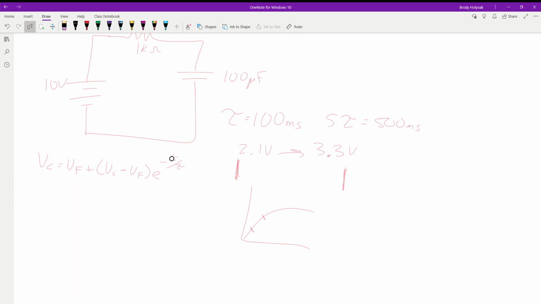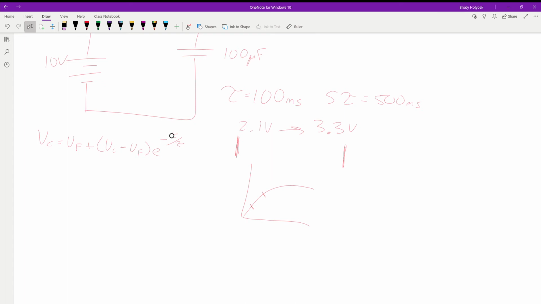Then we're going to find how much time it takes to get to 3.3 volts. And then we're going to subtract the times. Because we're not interrupting our circuit, we're just going continuous. That's the big thing too: unless the problem specifically says we're stopping at a point and then moving forward, assume that it's all one continuous stretch, or we've turned it on and it's been running for a while.